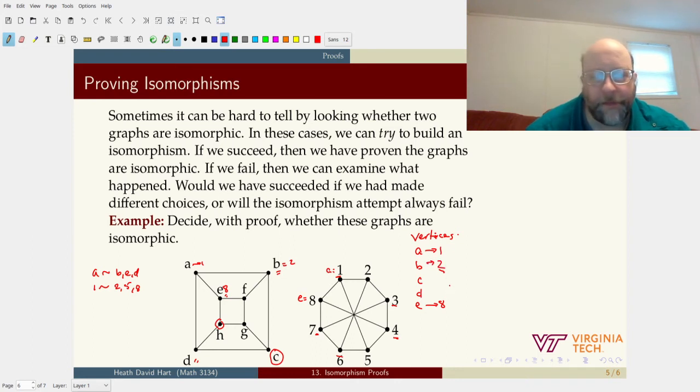Let's try that and see if that works. Well, then by elimination, D has to go to 5. And we still have this H problem.